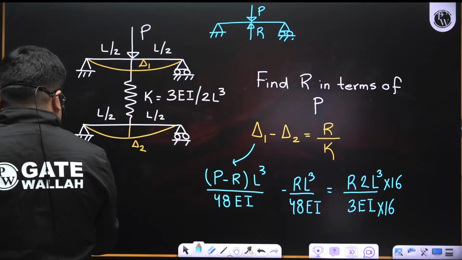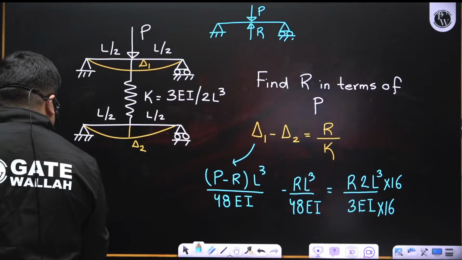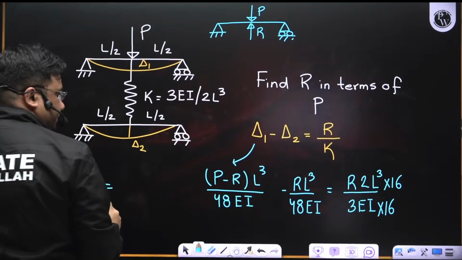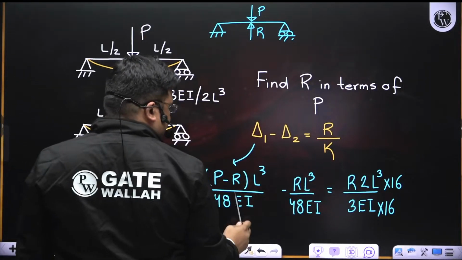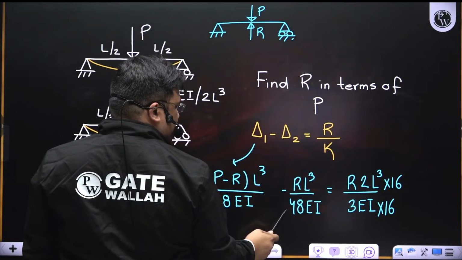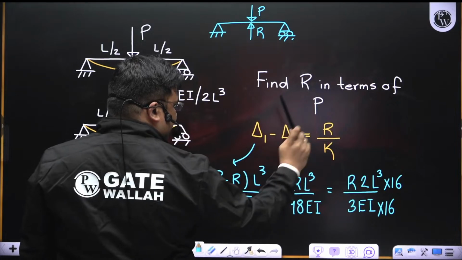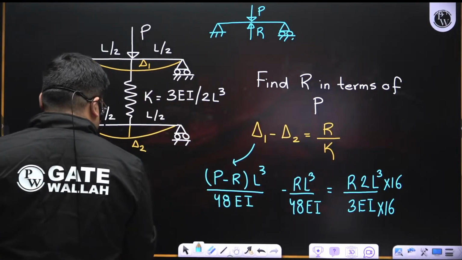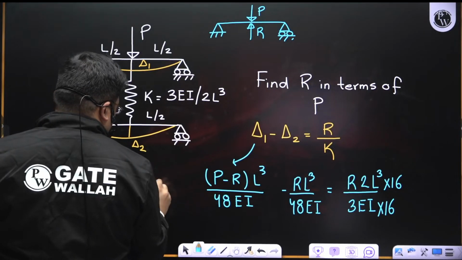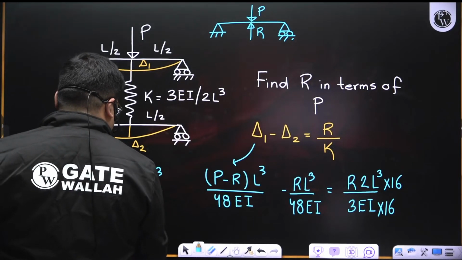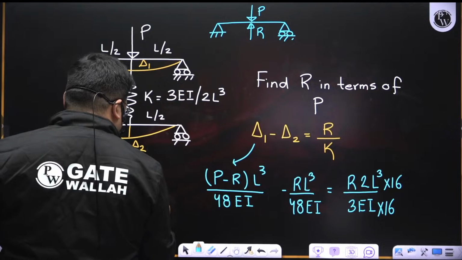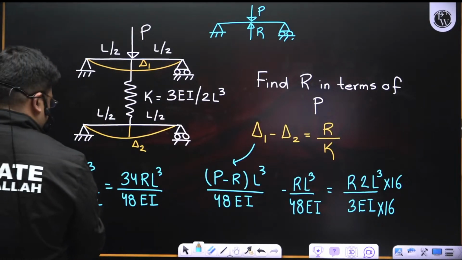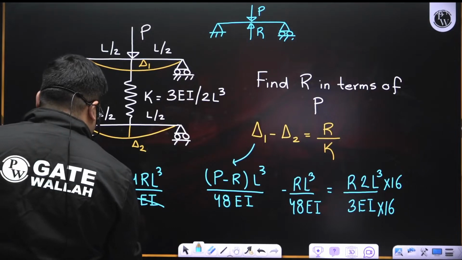So this will become PL³ by 48EI is equal to 2RL³ by 48, that is 32, and this is 2, so 34 RL³ by 48EI. I think so, right? So R is equal to P by 34.